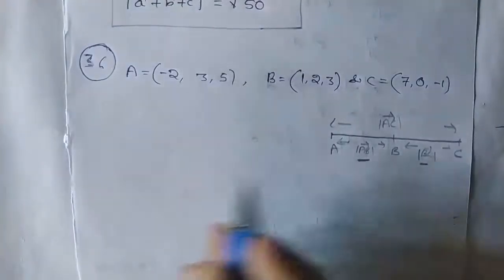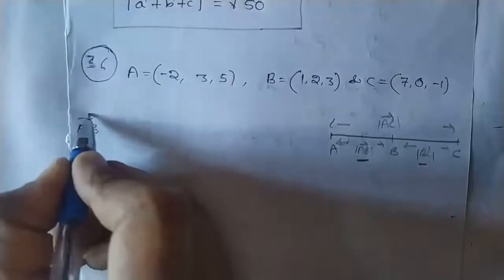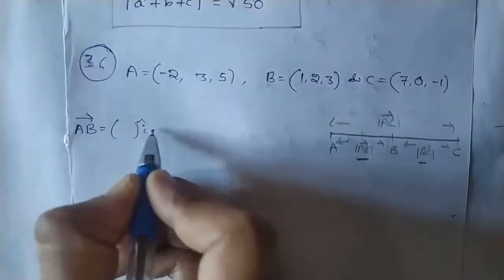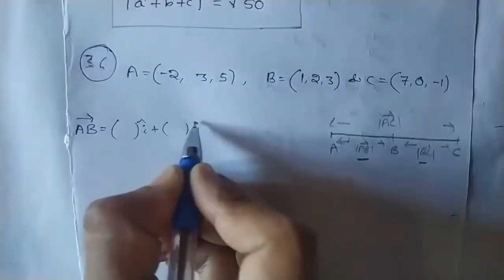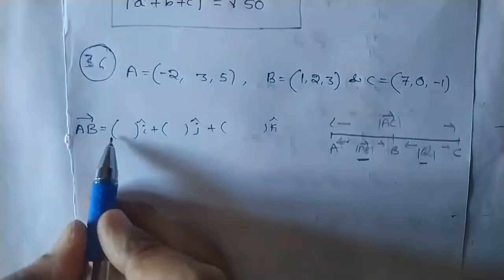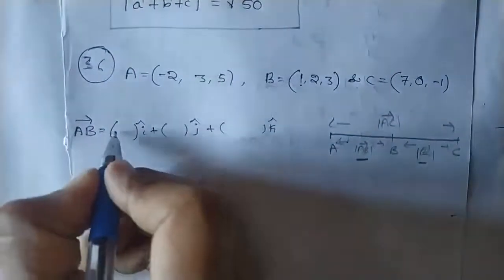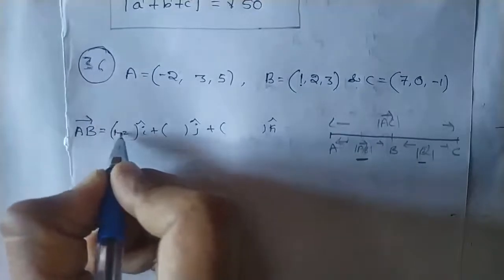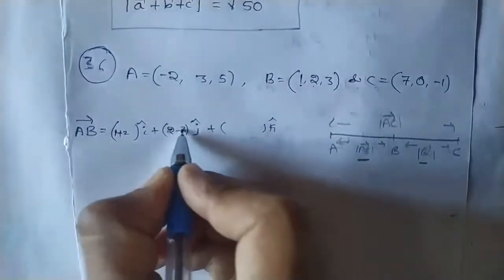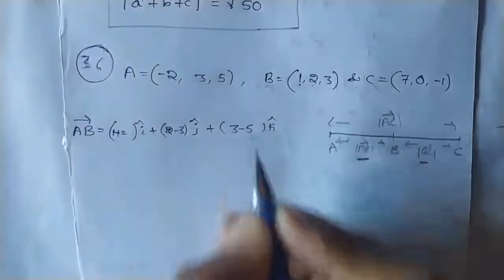Before that we want the vectors. Find out the AB vector. How to find AB vector? It is B minus A: 1 minus of minus 2, that is plus 2, 2 minus 3, 3 minus 5.